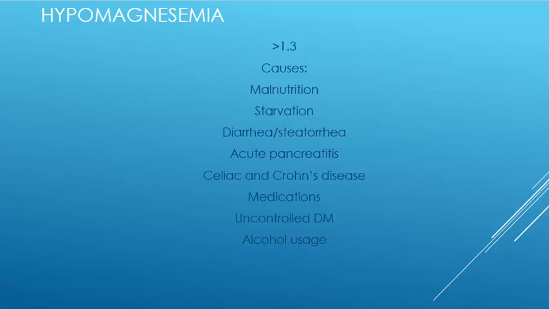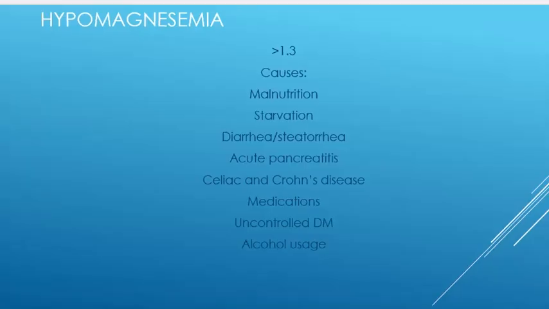Magnesium promotes the regulation of calcium and potassium. It works with calcium for proper functioning of excitable cells. So magnesium and calcium can be released. It's essential for integrity of nervous tissue, skeletal muscle, and cardiac function.